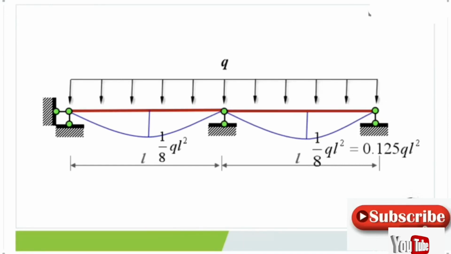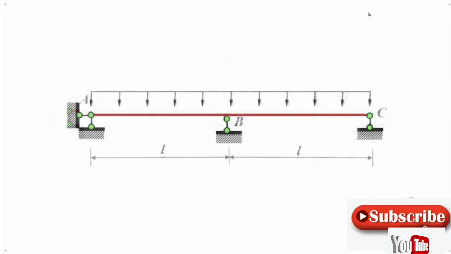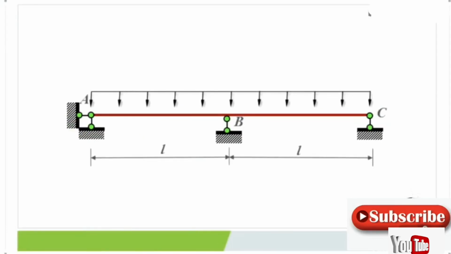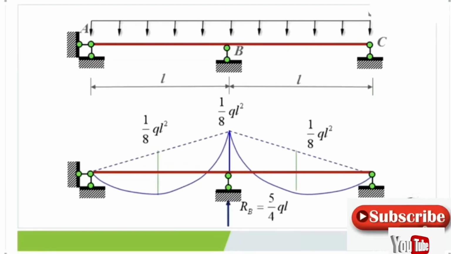That's easy to understand. For this continuous beam, now we don't know how to solve this kind of indeterminate beam. Let me give you the bending moment diagram. Like this. Actually, we could solve MB equal to QL squared over 8.